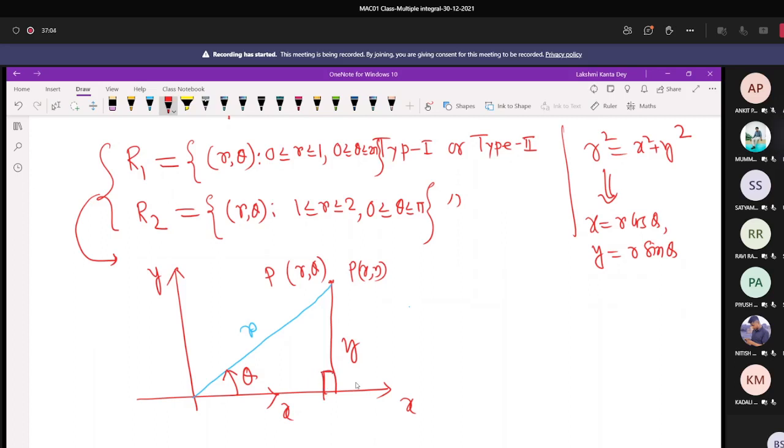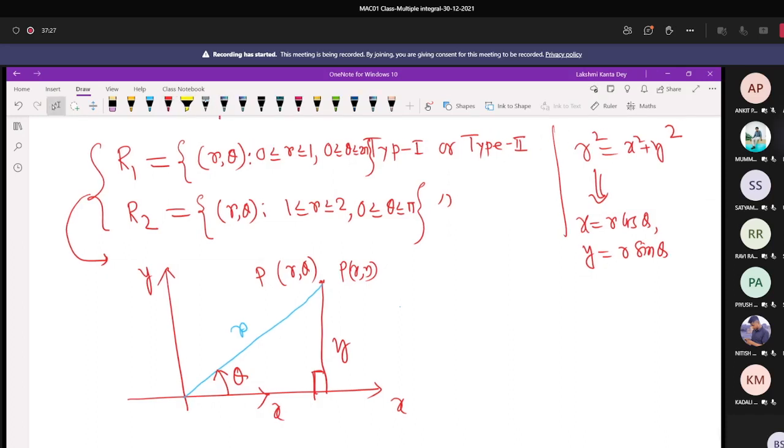Now we would like to change to polar coordinates in double integration. So what we have to do, and why we have to do those things, I would like to write it.